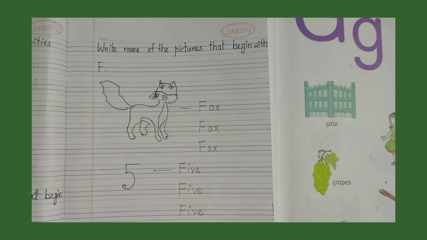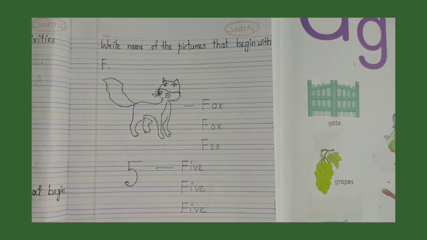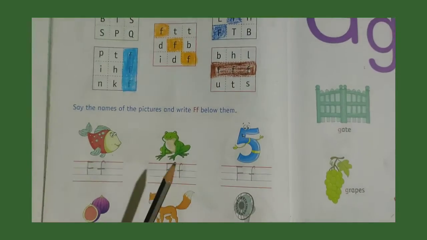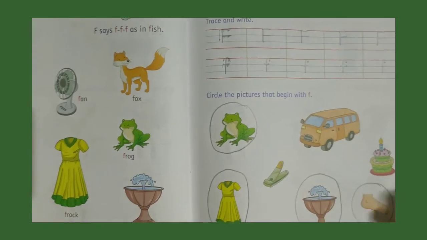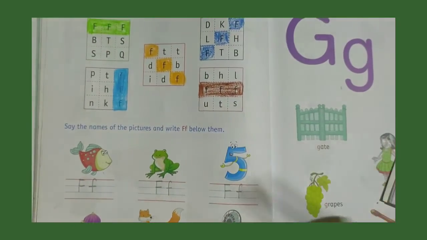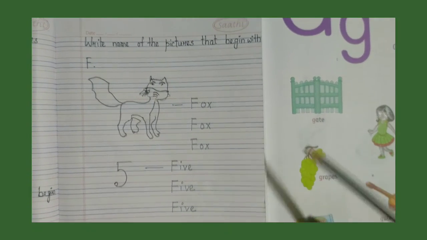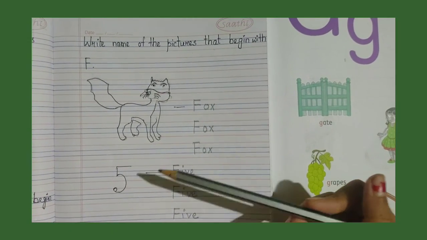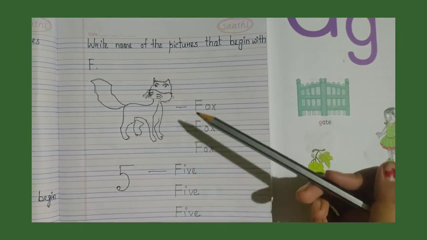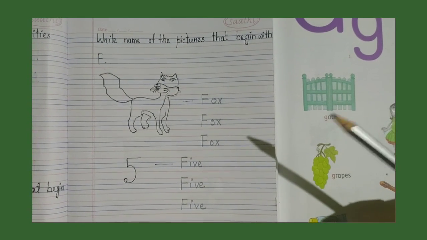First you have to complete in your book this question answer, then this question and these two pictures and name of these pictures you have to write in your copy.